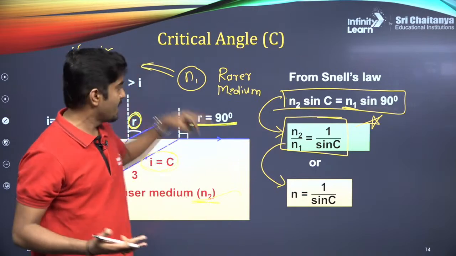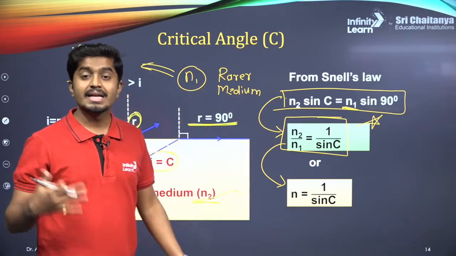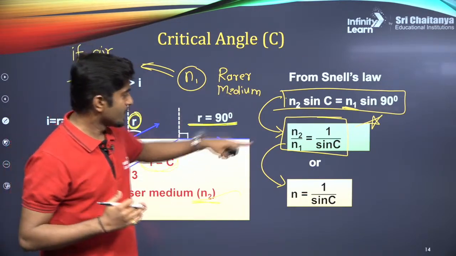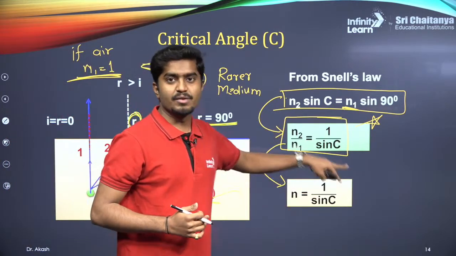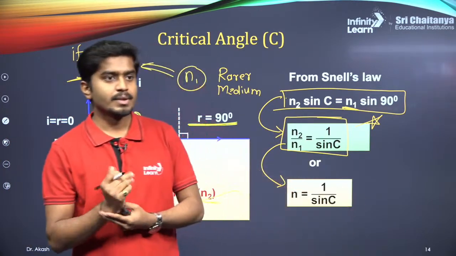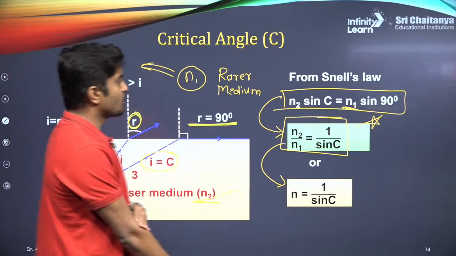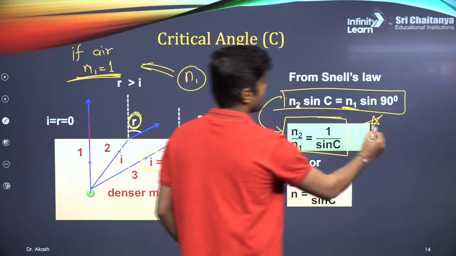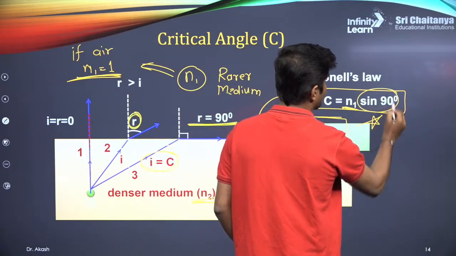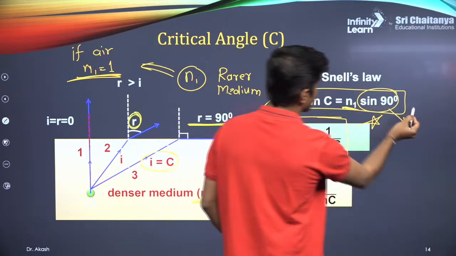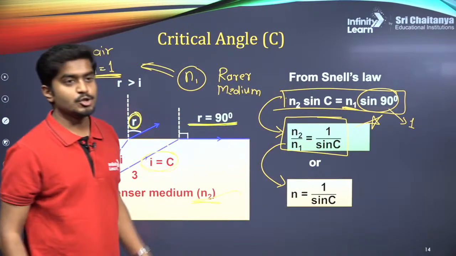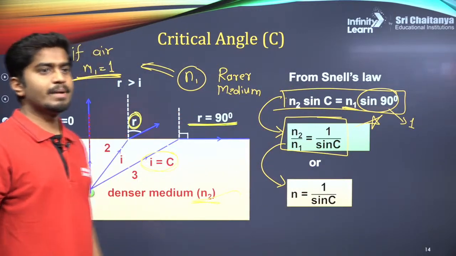We assume that the refractive index of air is 1, very close to the vacuum. So then only we can write this equation. This is for air. So simply I am just substituting sine 90 is 1. Substitute the values, you will get this ratio. Okay, Bimla Kumari.